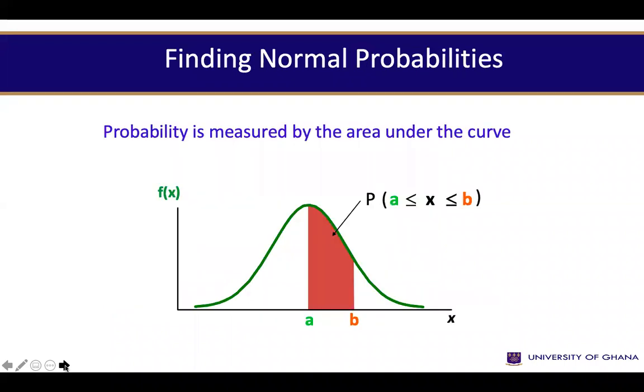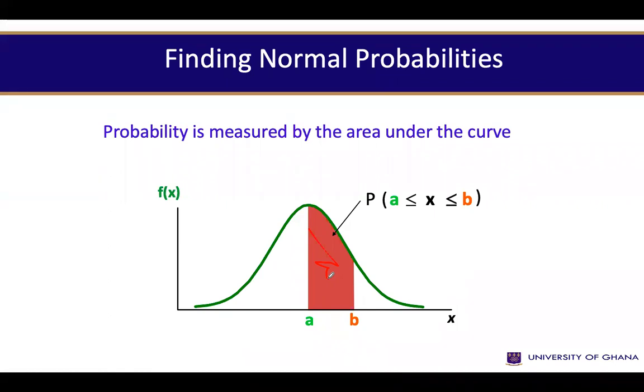Okay, how do we measure probabilities using the normal distribution? We measure the probability based on the area under the normal distribution curve. Those of you who are familiar with integration, we are not going to do integration, so don't worry, I'm just illustrating something.